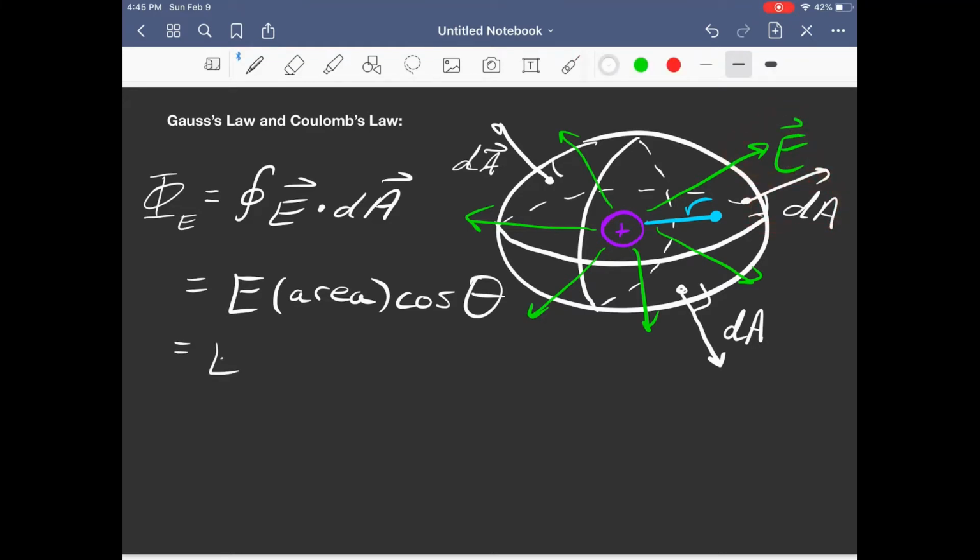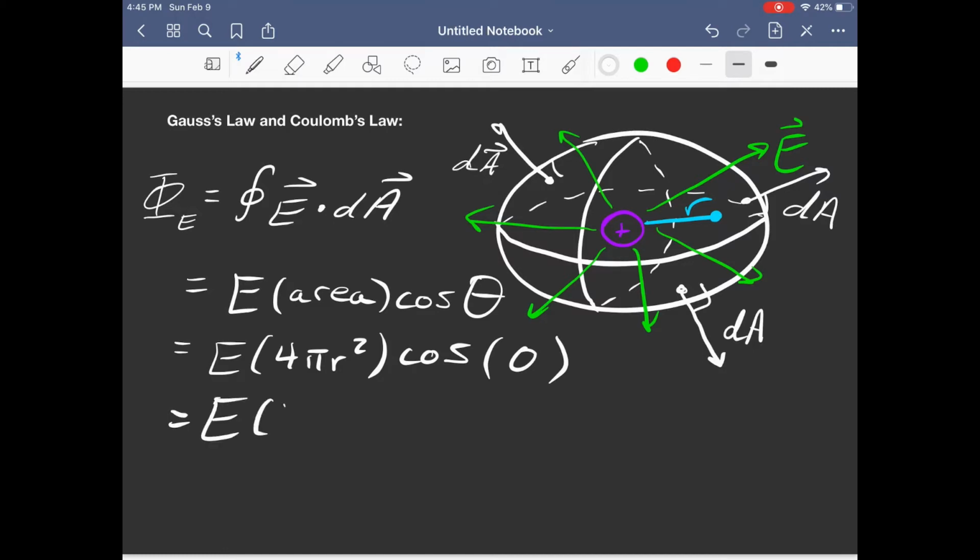So now we have the magnitude of our electric field times the surface area of a sphere, which is 4 pi r squared, times the cosine. Our angle here is 0 because these vectors are parallel and pointing in the same direction. So what we get then is E times 4 pi r squared.